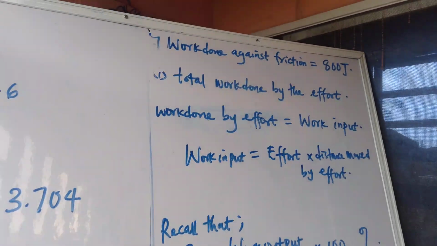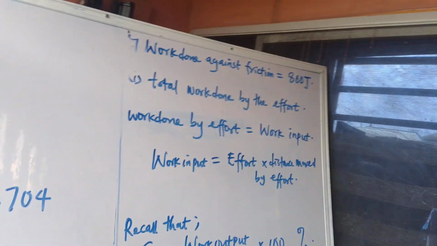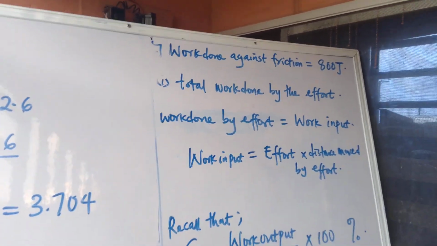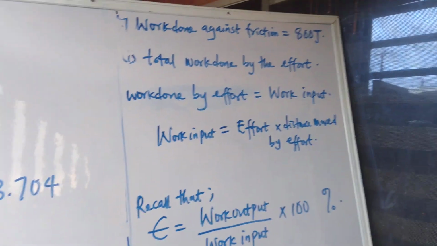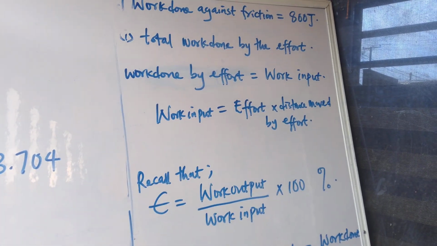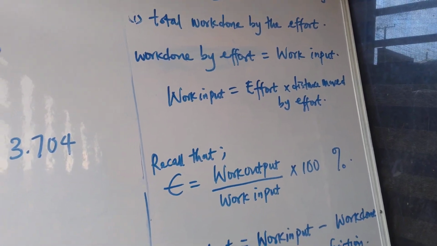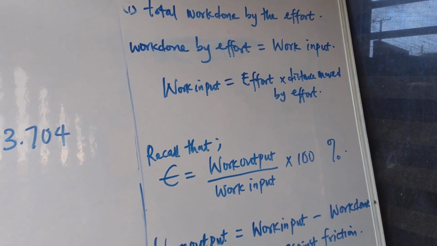Okay, this one shows us how we got the work input. Work done against friction is equal to 800 joules. So the total work done by effort is equivalent to the work input. Work done by effort is work input, and the work input is effort times distance moved by effort.